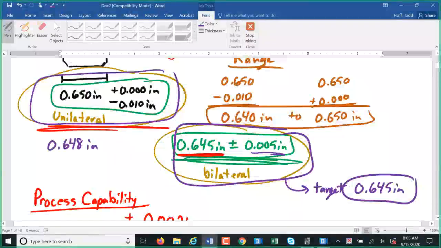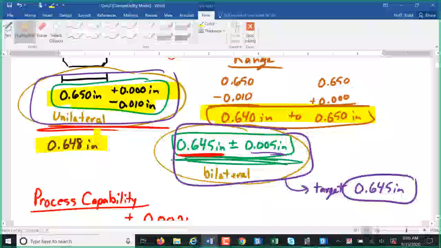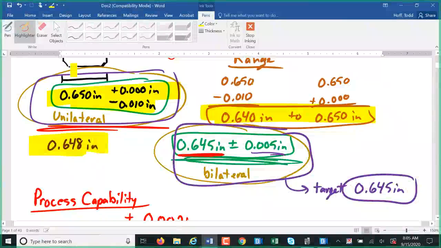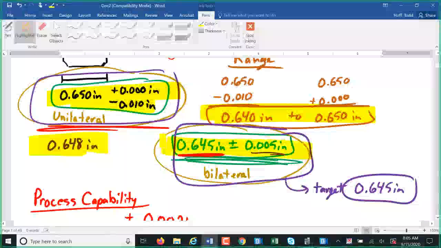Maybe if I want to play it safe, I might set it up at 647 thousandths of an inch. Even though both of them give the same range, they're giving the machinist different information. This is saying, hey, stay in that range still, but if your process is capable, shoot towards the higher end of the range, towards the 650. Where this is saying shoot towards the middle of the range and stay within it.